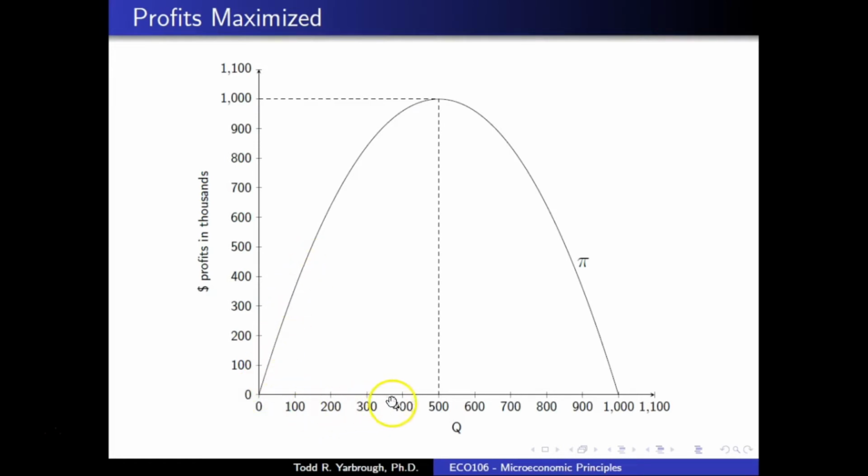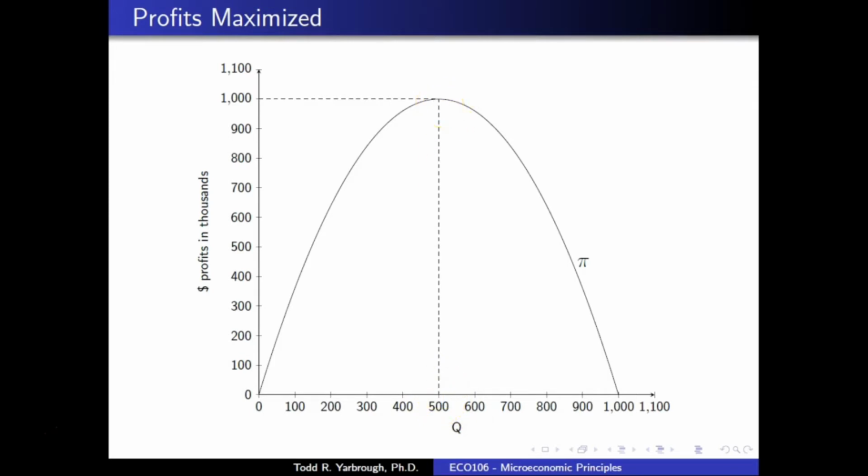And then as they continue producing more all the way to 500, we see the profits are rising, and then they peak here at 500 units. So 500 units would be what we call our profit maximizing quantity. So under current market conditions, this firm should produce 500 units of the product because it maximizes their profits.